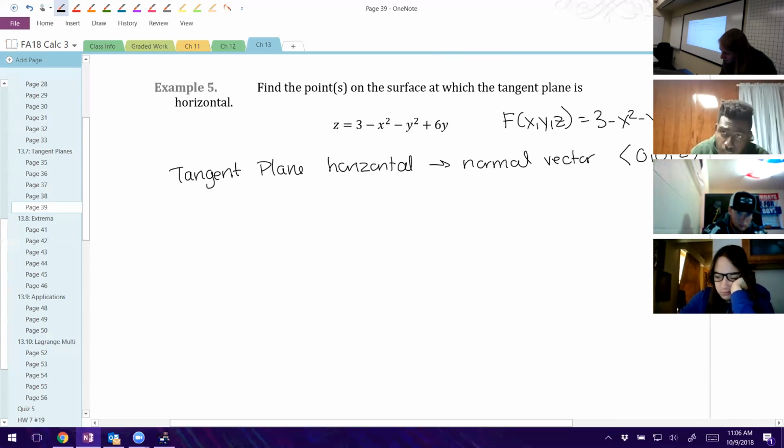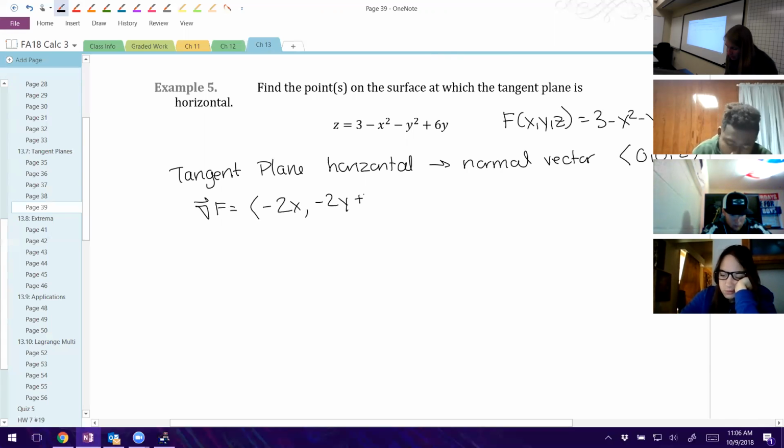So the gradient of this function: with respect to x, negative 2x; with respect to y, negative 2y plus 6; and with respect to z, -1. In order for this to be horizontal, we want to force it to meet that vector, like Edwin said.